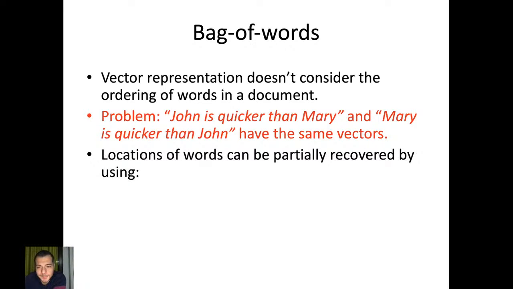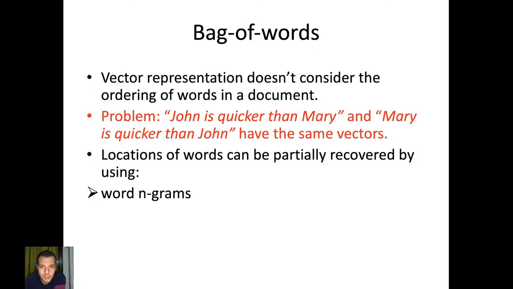So what can we do about this? People have already addressed it in the literature. We can recover the locations of words by using word n-grams. So instead of building a bag of words, we build a bag of word n-grams.